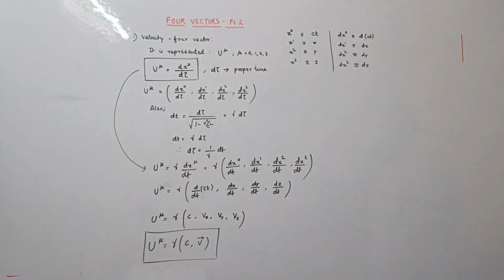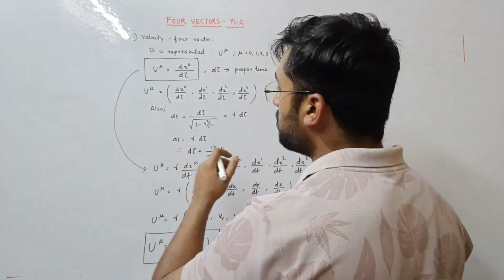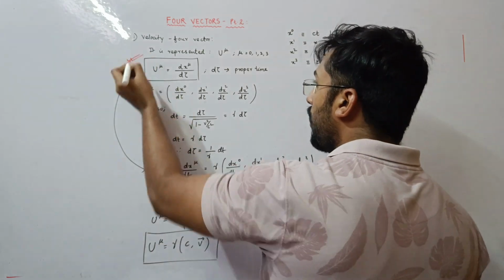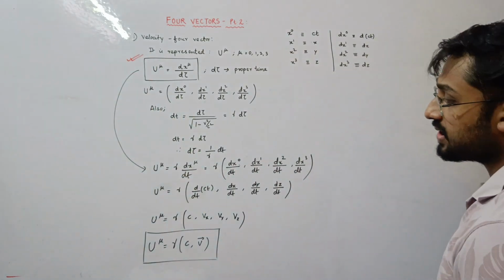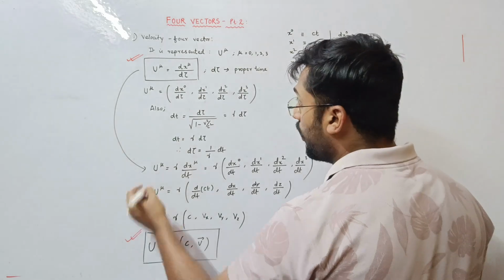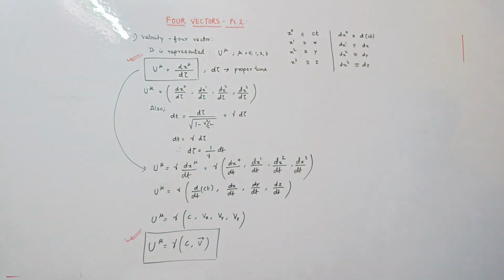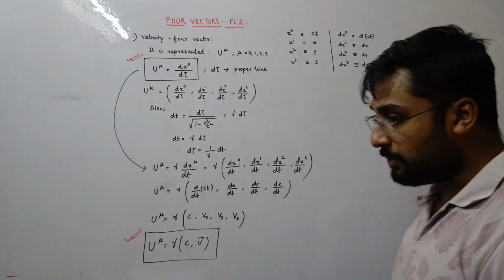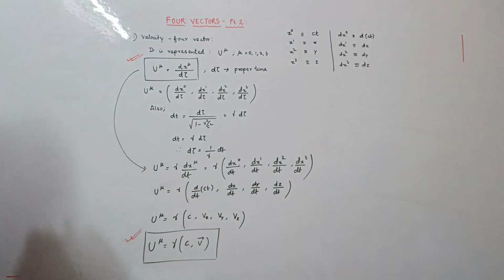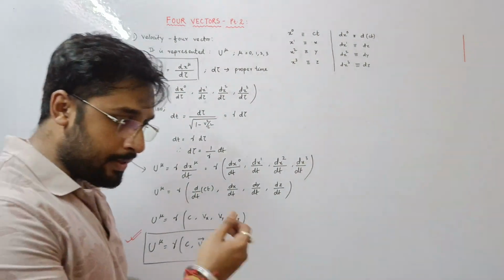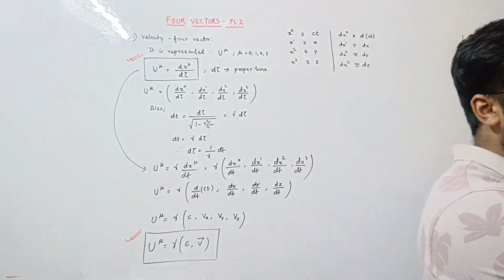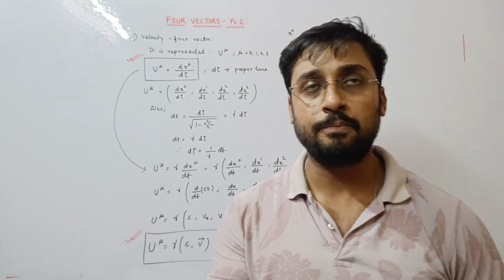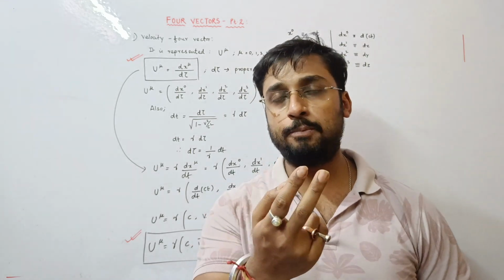You must know that we can express the four-velocity in terms of this, or we can also express it in terms of this. Both expressions are equally important, right? Students, if you remember, in the beginning of the video I said that for any physical quantity to be a four-vector, it must obey two important rules.